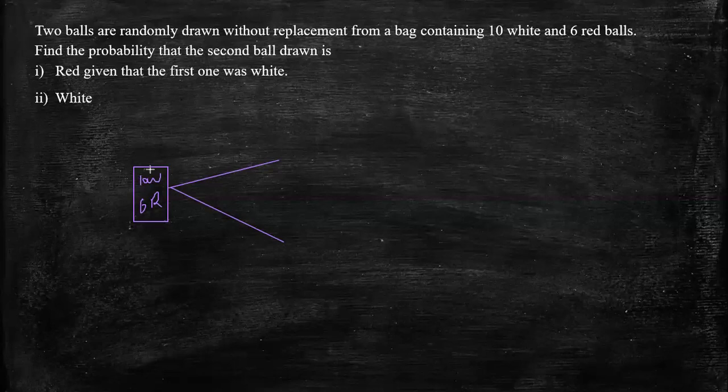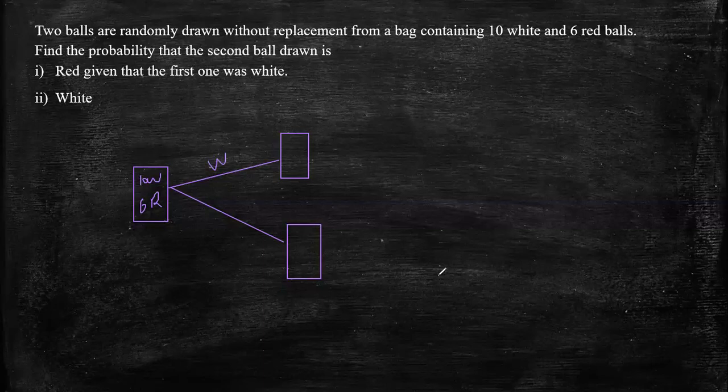So we need to construct some other bags here. On the first pick, assuming we picked a white, how many white balls would remain in the bag? 9. So we are going to have nine white, and the red ones remain 6.